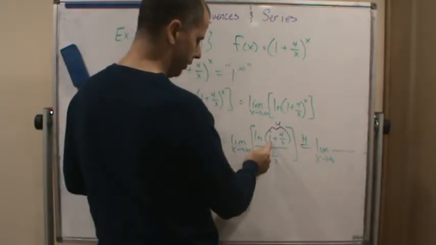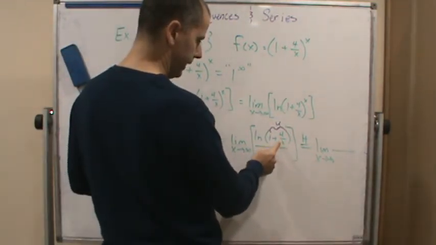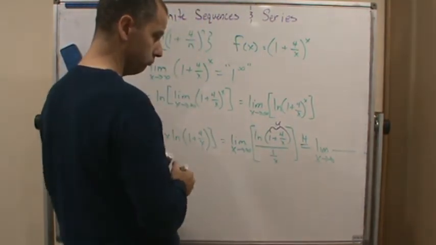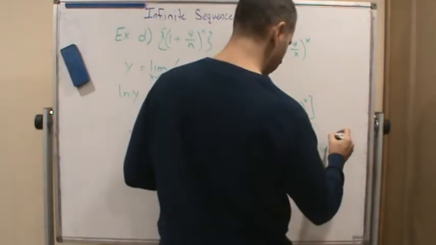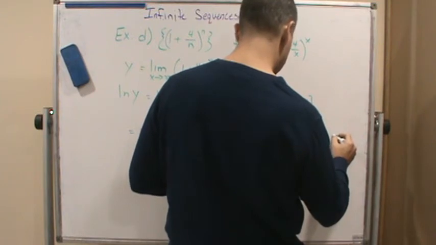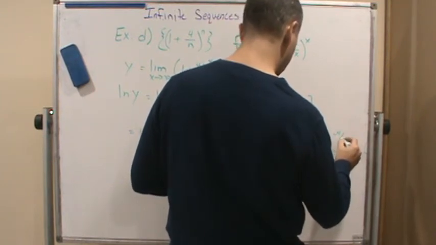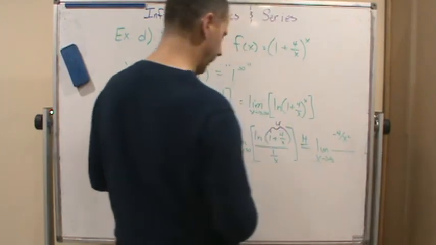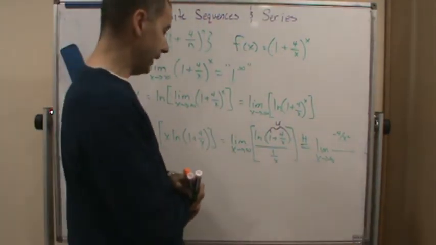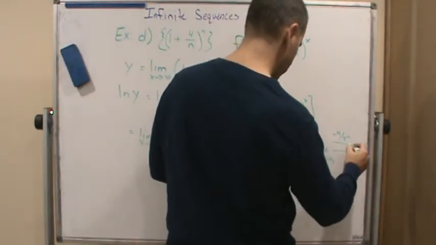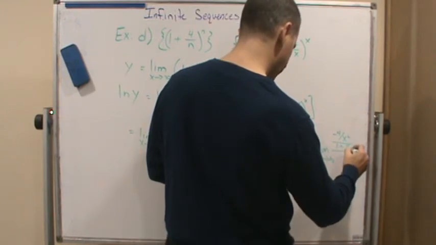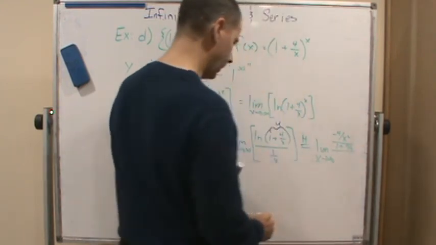Well, this goes to 0, and this becomes negative 4 over x squared, right? So this is going to be negative 4 over x squared divided by 1 plus 4 over x.